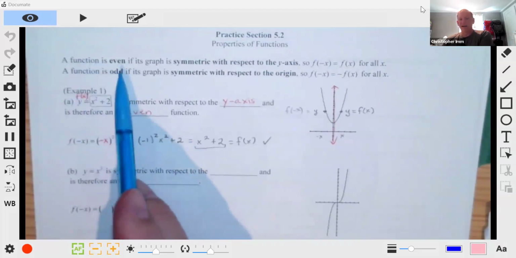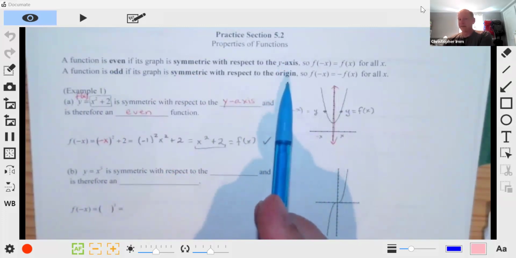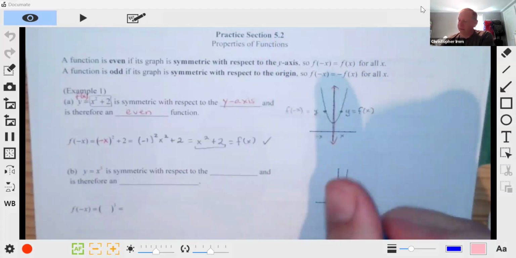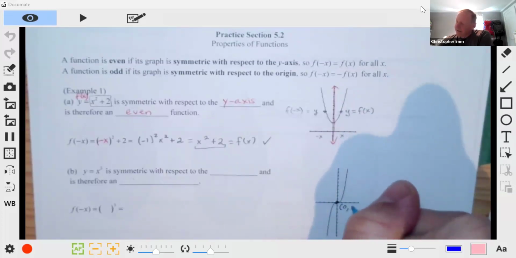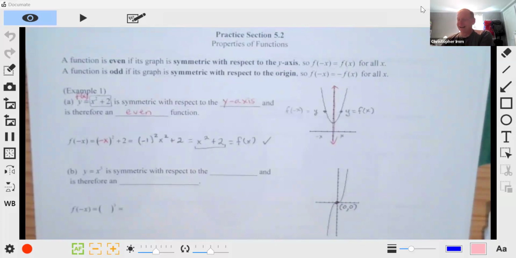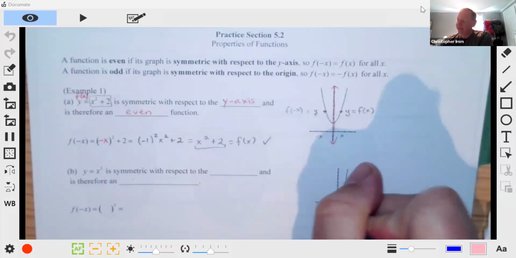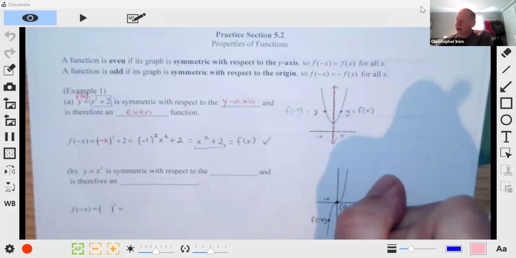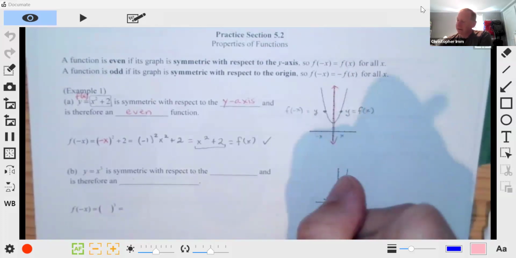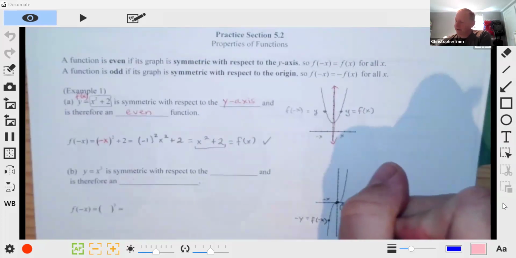Now notice that a function is odd if its graph is symmetric with respect to the origin. So that's symmetric with respect to a point. This one is an odd function here. It's symmetric with respect to that origin point. And so what that means is if I plug in any sort of negative x, and compute the function value, then I should get the opposite of the value if I plugged in that positive x.